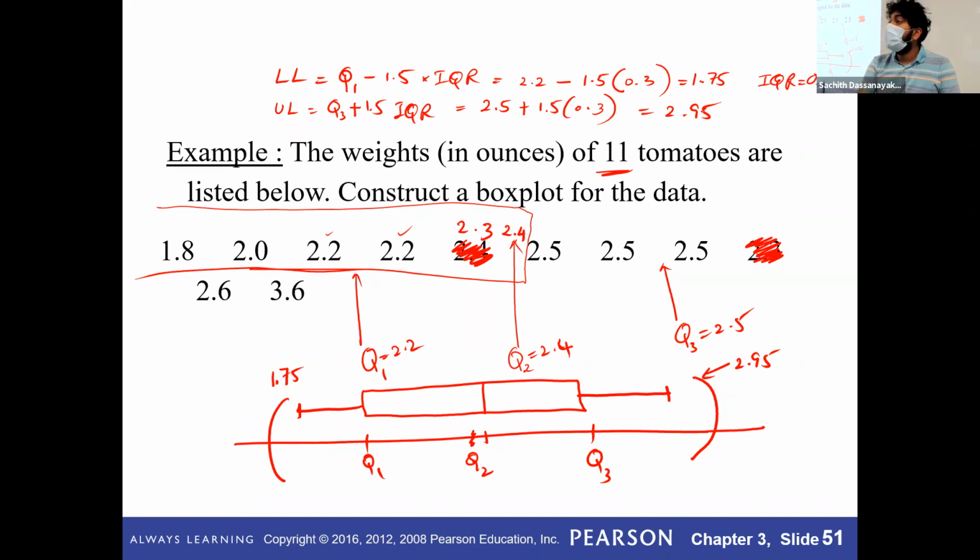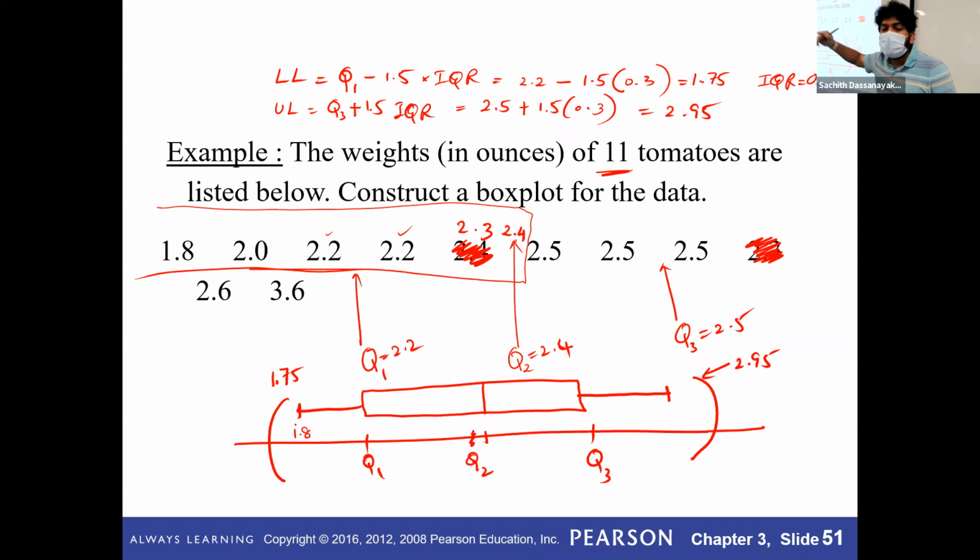Is any observation or any value less than 1.75? No, right? Because the values start from 1.8. So there are no values on this side. So your minimum is 1.8.